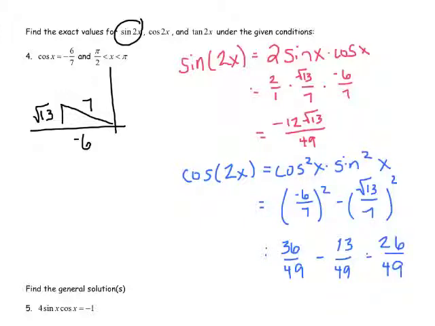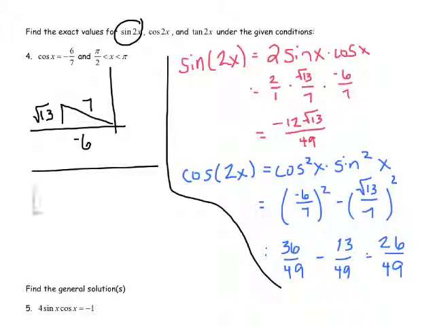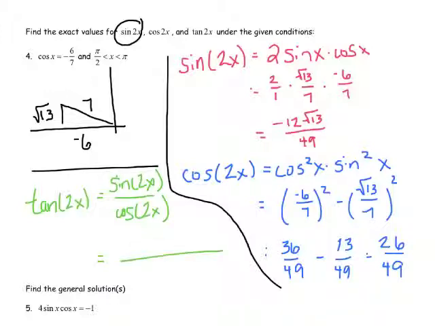And then lastly, tangent of 2x. So tangent of 2x was the one that I actually did the full tangent, and then I said, well, remember that tangent is actually the same as sine over cosine, which makes it so much easier for you. So let's do it that way, sine of 2x over cosine of 2x. And the benefit to doing this is that you already have what sine's answer is. So I wrote it in red.